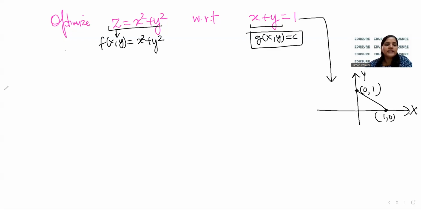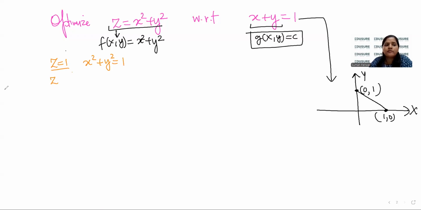Now, how is this figure going to look? Okay, just have a visualization. For example, if I take z equals 1, I will be getting a circle of radius 1.